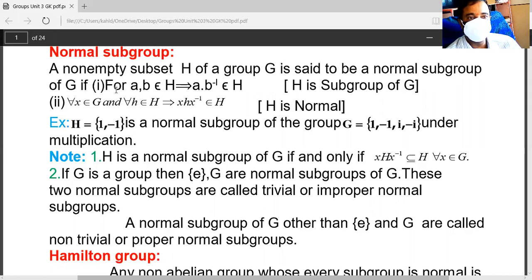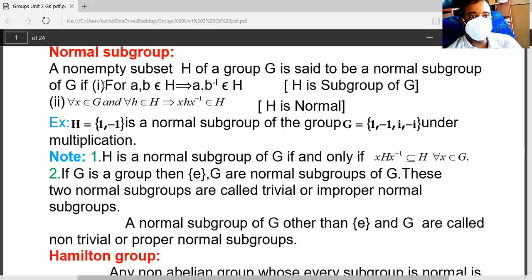The first one is: for a, b belonging to H, it implies a b inverse belongs to H. If the first condition holds, then we say that H is a subgroup of G. The second condition is: for all x belonging to G and h belonging to H, the product x h x inverse belongs to H, then we say that H is normal.